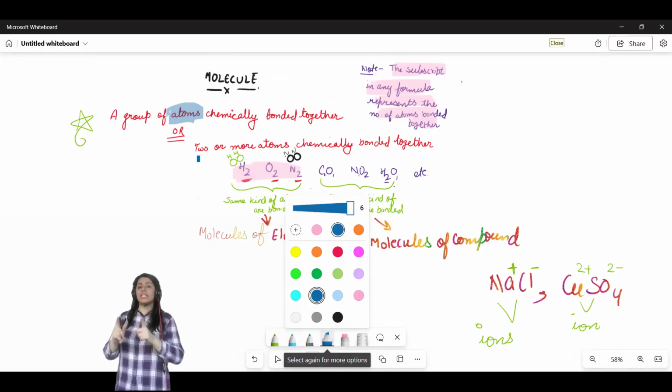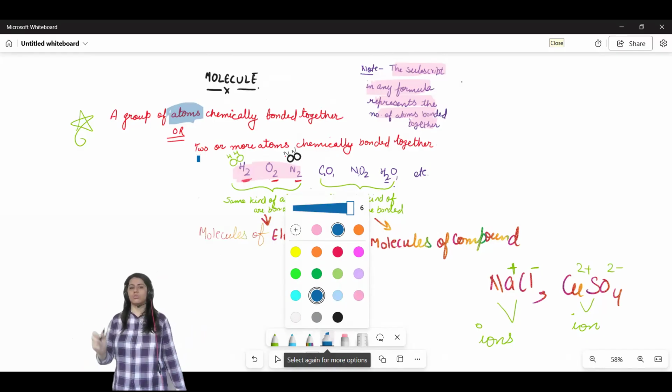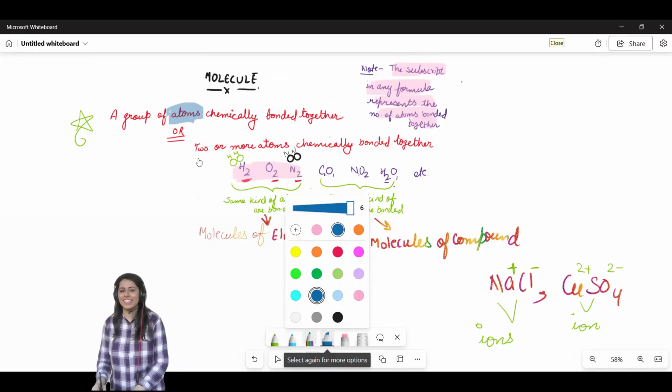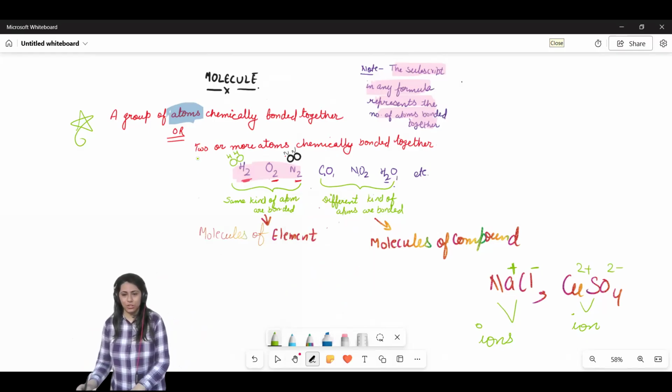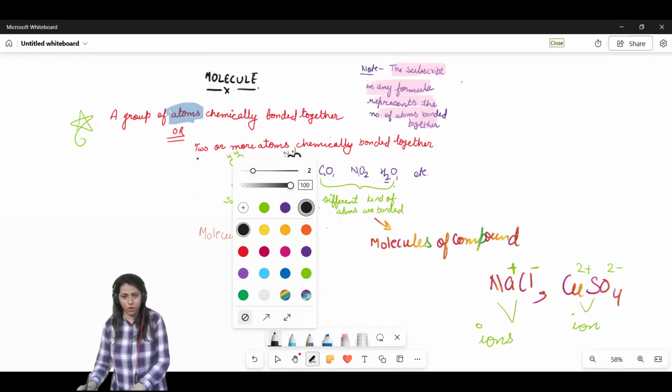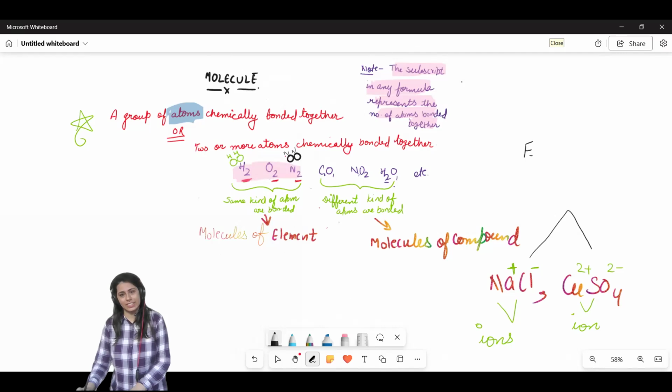In the case of ionic compounds, this one small unit like NaCl or CuSO4 is not called a molecule. It has a special term. Guess about it. I'll give you a hint also. In the case of ionic compounds, we call it something starting with this.